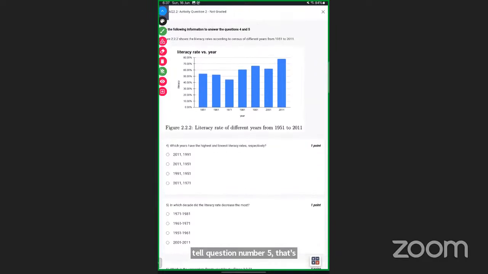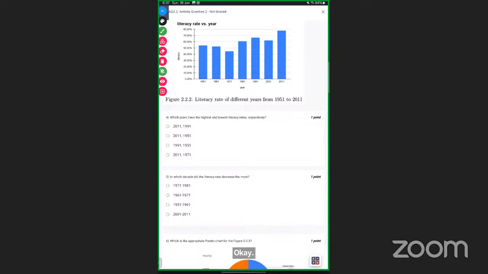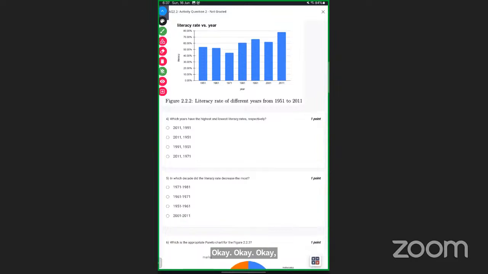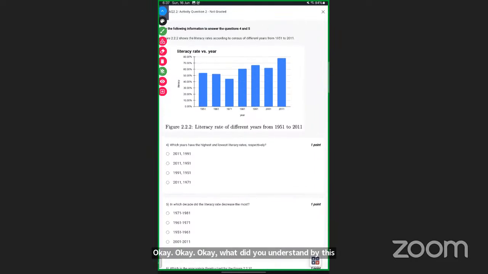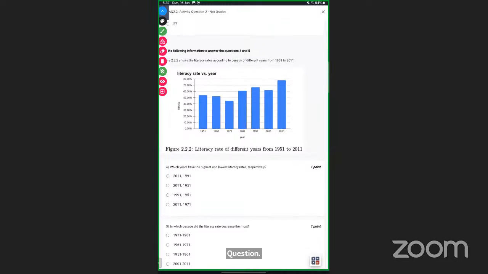Which decade did the literacy rate decrease the most? Okay. What did you understand by this? Sir, question 5 is asking which decade the literacy rate decreased the most. So, sir, it's 1971. But sir, how are we going to choose between 1961 to 1971 or 1971 to 1981? One thing is you need to first see the decrease, right? Yes, sir.